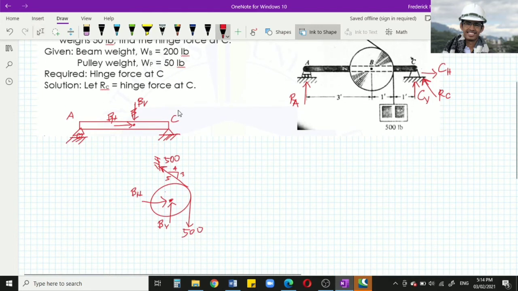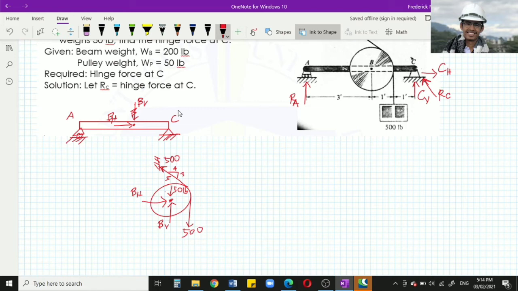So may nag-act tayong force dito, 50 pounds. Okay? So class, yung direction ng ating BV tsaka BH is a assumed direction. So kapag negative yung lumabas, ibig sabihin sa opposite direction yung magiging sagot natin. Okay? So assume natin na going to the right yung BH, and assume natin na going upward yung BV natin.